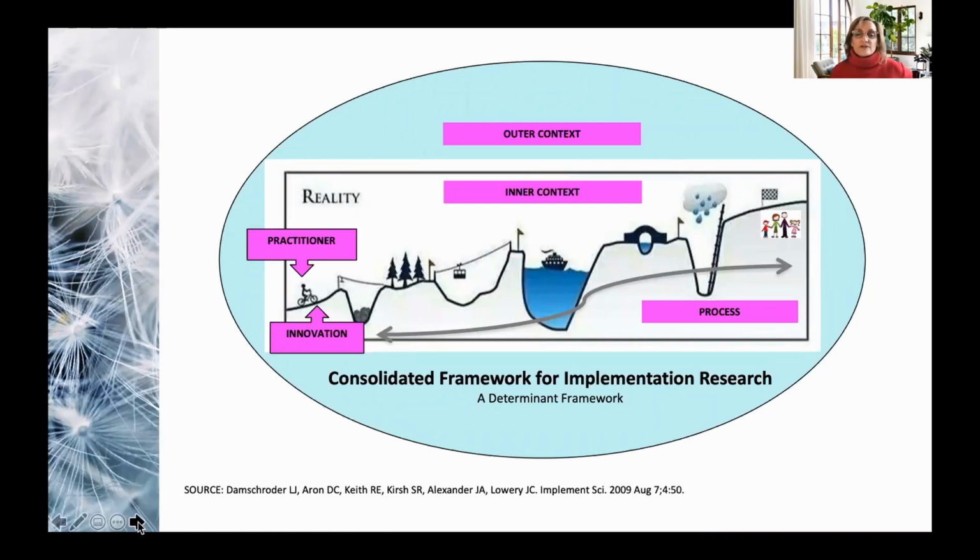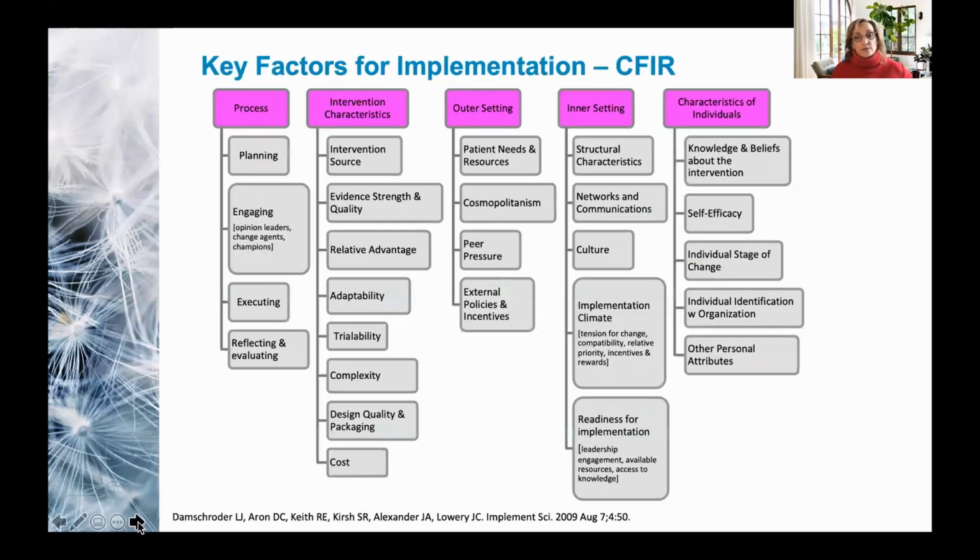But the factors that are going on around your implementation process include factors related to who's delivering, or the practitioner, factors related to the innovation or the intervention itself, factors related to your organizational context or your school context or whatever your inner context is, factors in the system at large, and then factors related to your process.